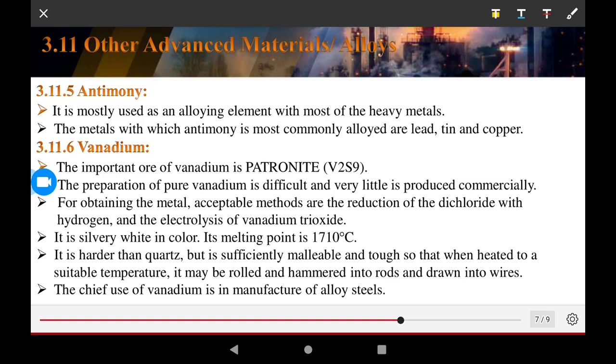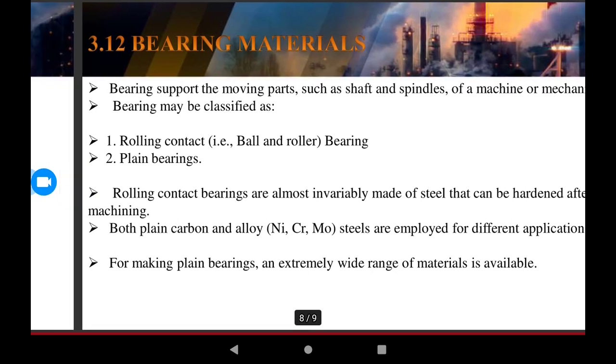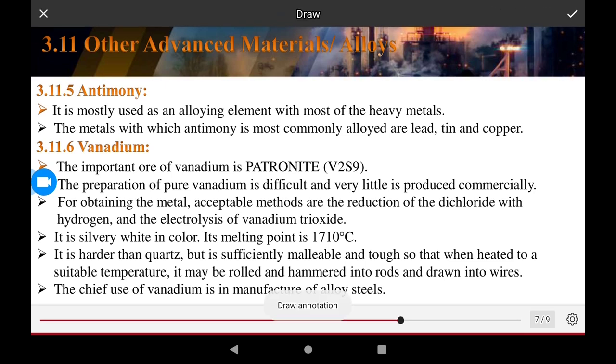It is silver white in color. Its melting point is 1710 degrees Celsius.